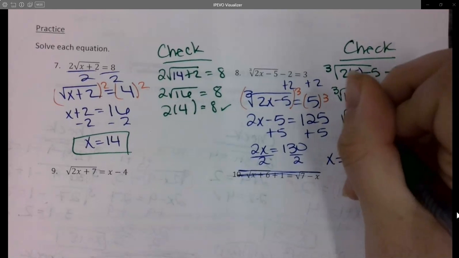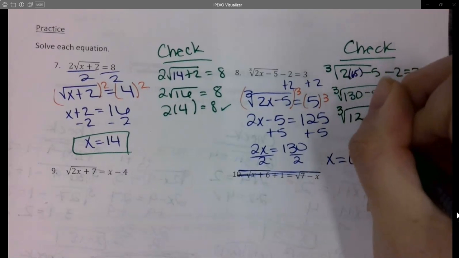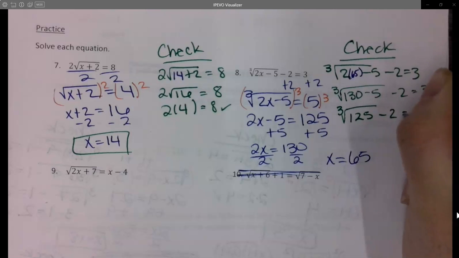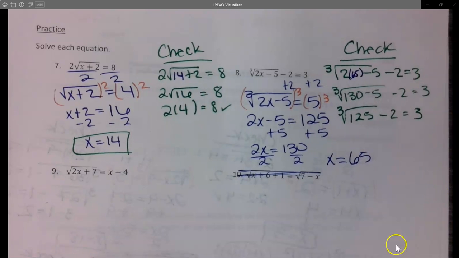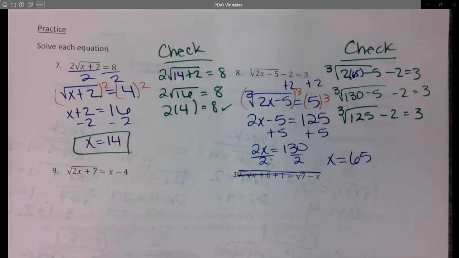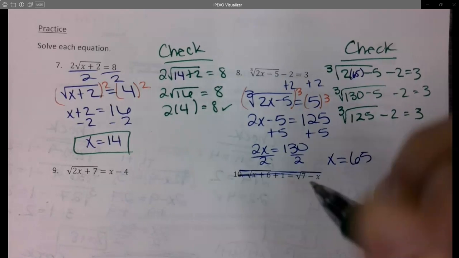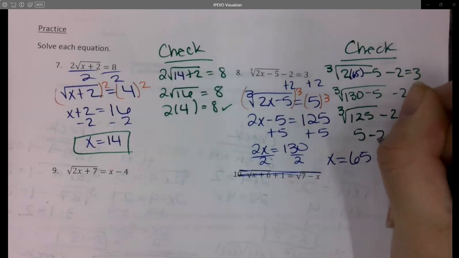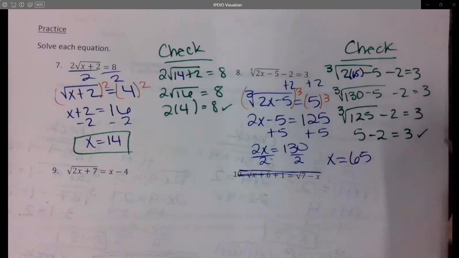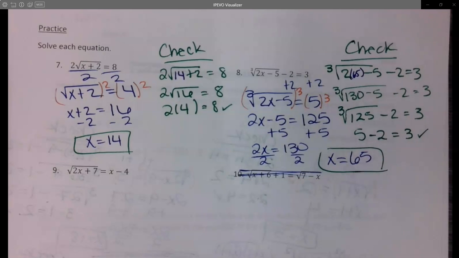And 130 minus 5 is 125. Cube root of 125 is 5. 5 minus 2 is 3, so 65 works.